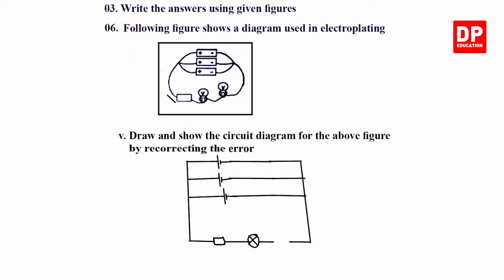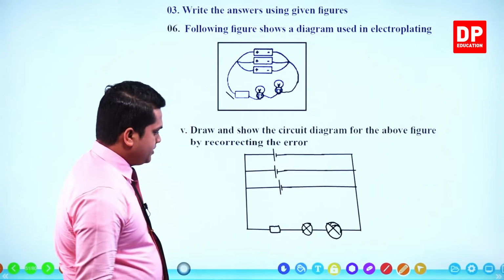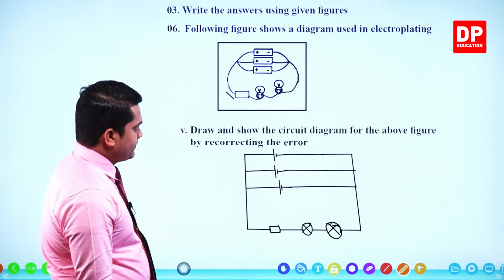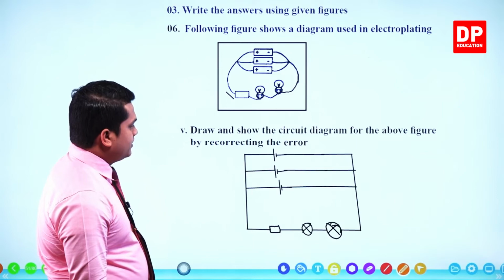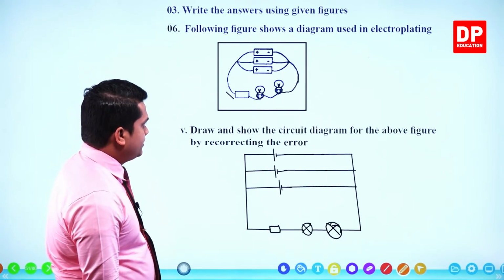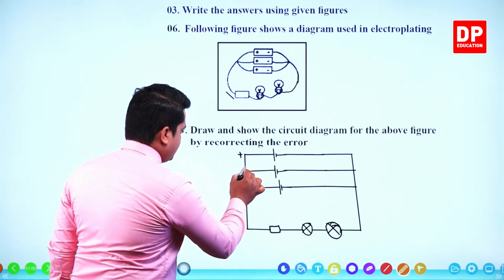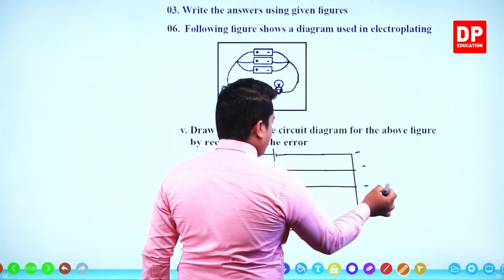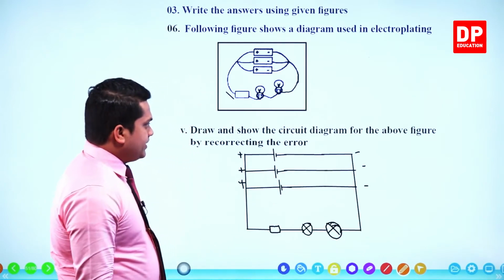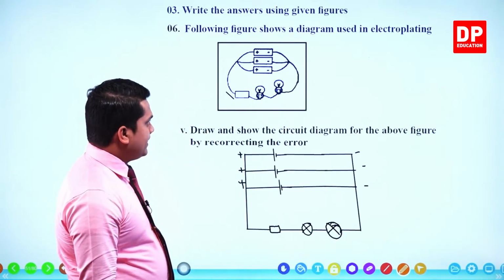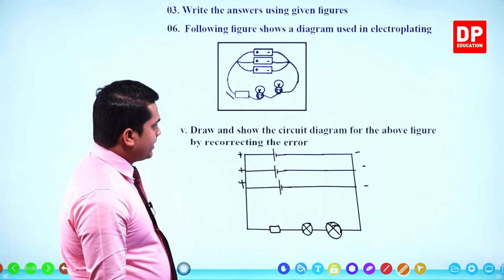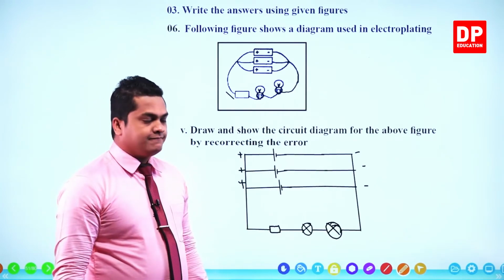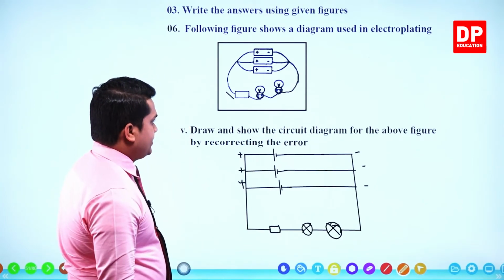Here we go, the resistor and the bulb. Right, now it's okay. As per the figure, it's identical to the figure. These are the plus terminals and these are the minus terminals. So this is the circuit diagram and this is the recorrected error.